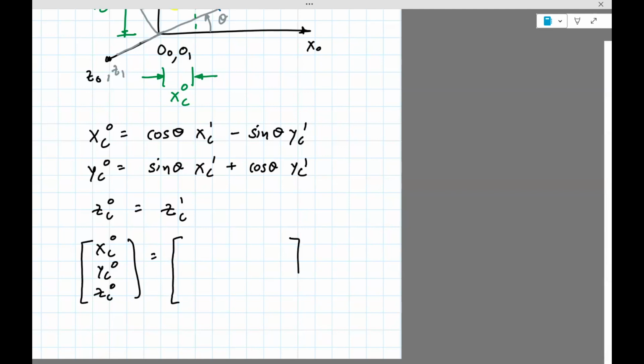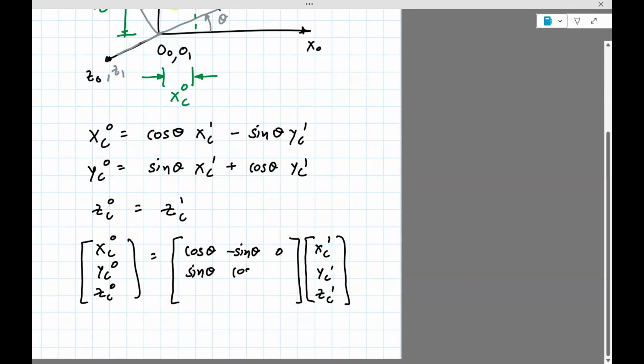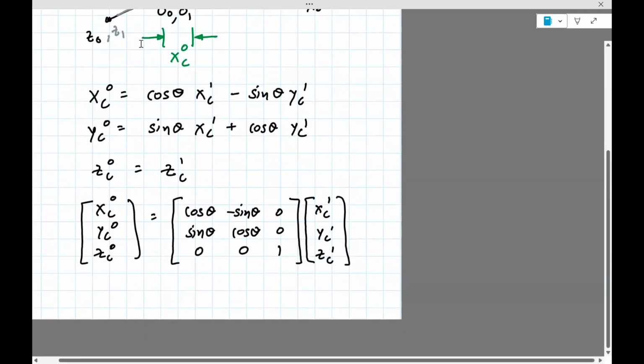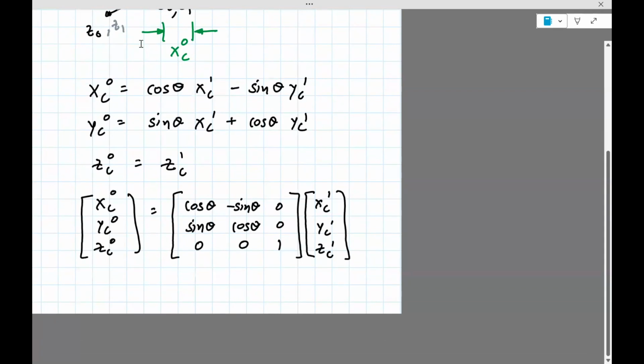I'll separate out all the cosines and sines, and then write it as a function of xc1, yc1, zc1. So you can see that it will be cosine theta, minus sine theta, 0; sine theta, cosine theta, 0; and 0, 0, 1.